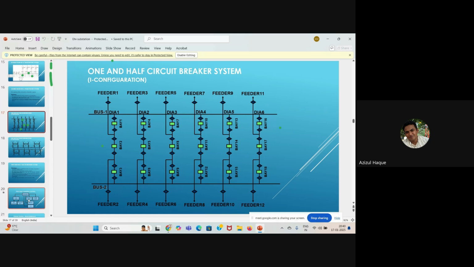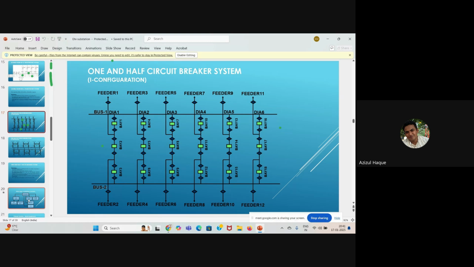Then bus 1 and bus 2 will be connected. All three breakers are closed, both the buses are connected and all are in sync condition. Under this condition, if we switch off or trip the circuit breaker of this bay 1, then what will happen?